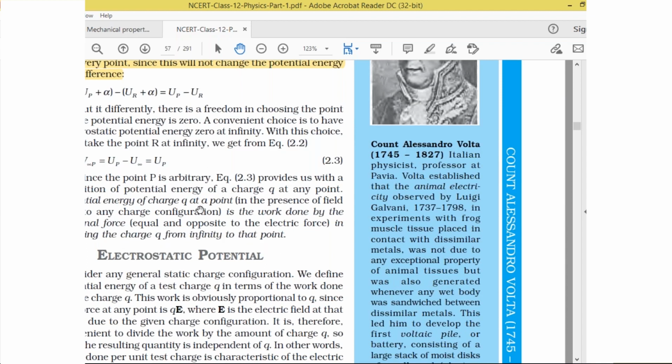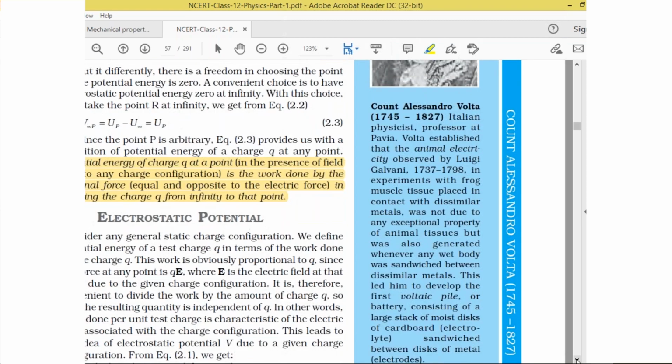The potential energy of a charge Q at any point is the work done by the external force in bringing the charge Q from infinity to that point. So this is the definition you have to write if you have to write it in your exam. So this is your potential energy.